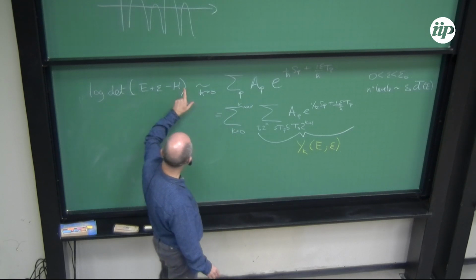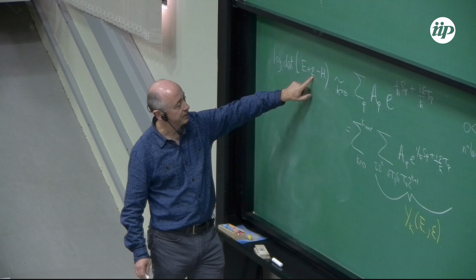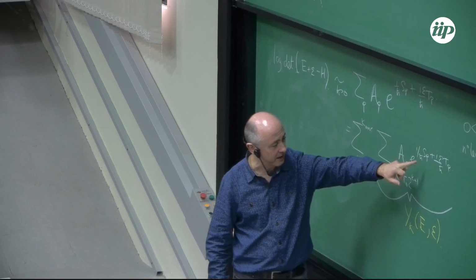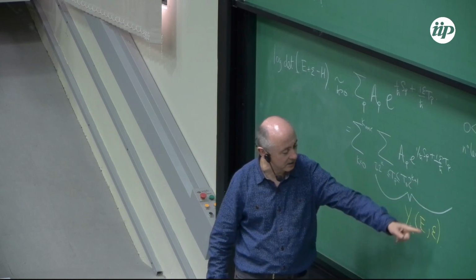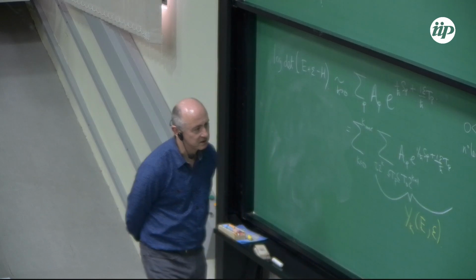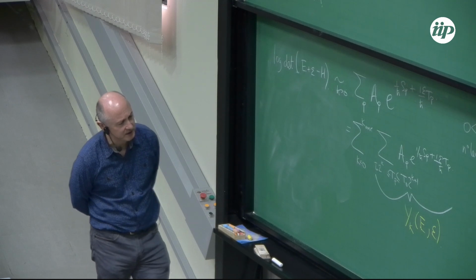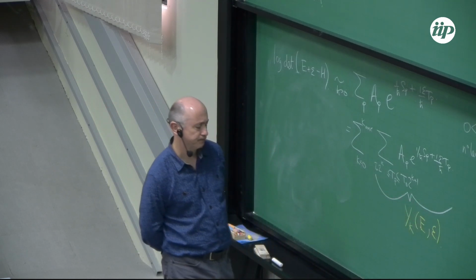And if you want to evaluate the log of the determinant at some position in the window, epsilon 0, this tells you how to do that. You sum all these contributions. Here's your epsilon 0, and you're summing the contributions that depend on epsilon 0 and where the window starts, that's on the energy E. And so the question is what these quantities y_k look like.